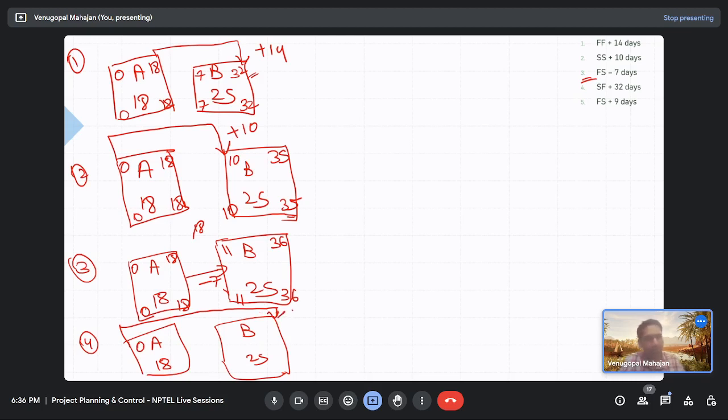This would be 0 plus 32, 32. And so 32 minus 25, how much would it be? 7. Similarly, the backward pass would have been 32, 32 minus 25, 7.